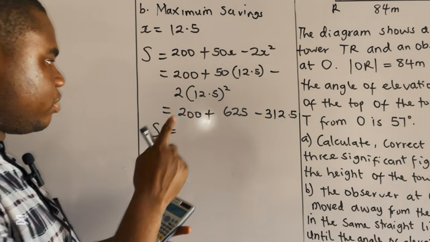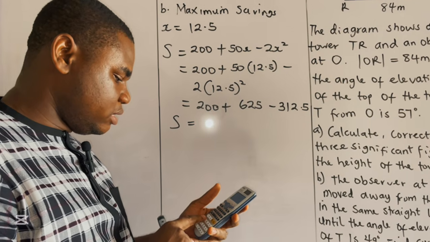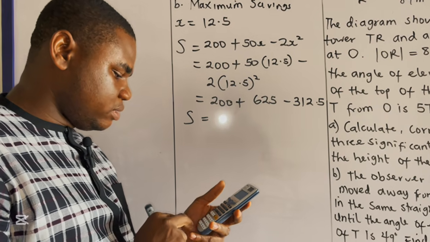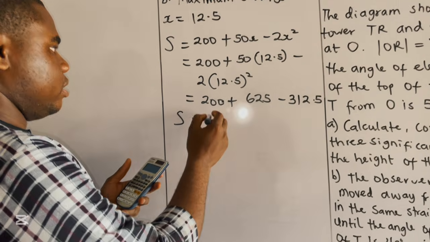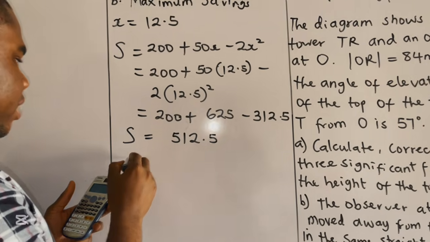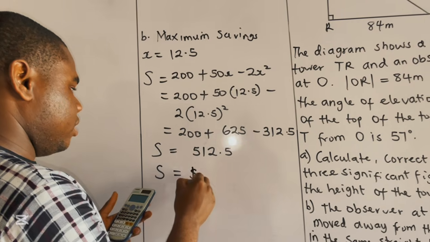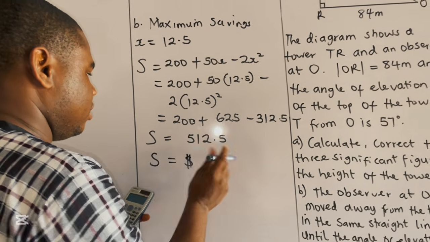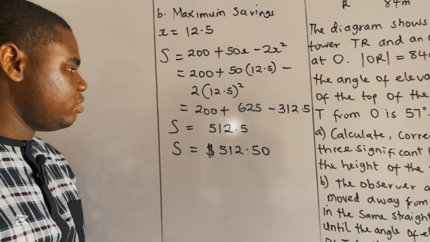Let me use my calculator and calculate this. So 200 plus 625 minus 312.5 will give me 512.5. So the maximum savings will be 512.50 pounds.